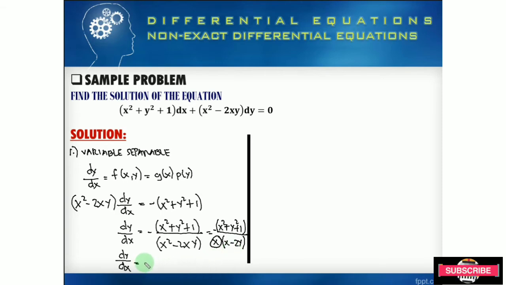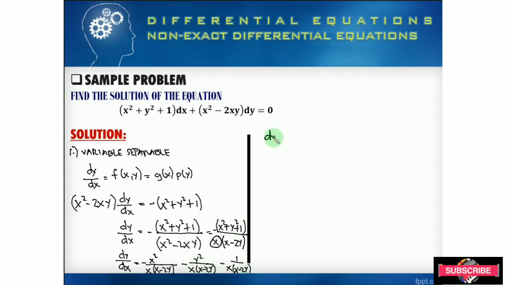So if we itemize this, we distribute the negative, just for checking. So this would be equal to negative x squared over x and then x minus 2y, and then the second one is minus y squared, again we have x and then x minus 2y, and then we have minus 1, we have here x and then x minus 2y.